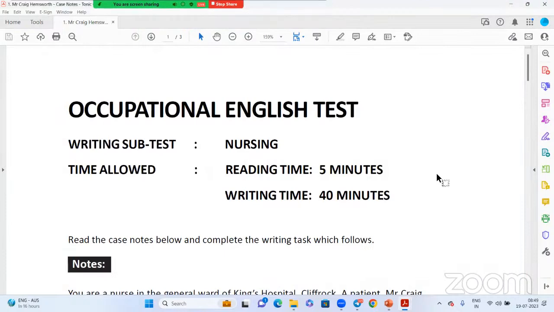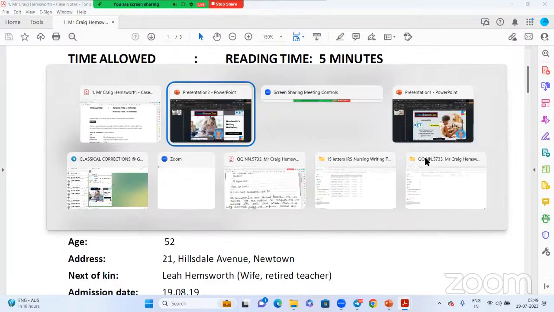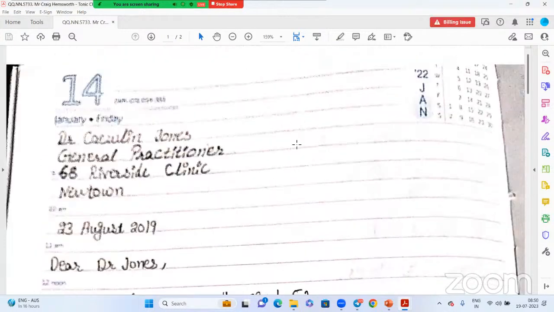This is the letter of Craig Hemsworth. The letter is written by Ramandeep Kaur. She is a nurse by profession.